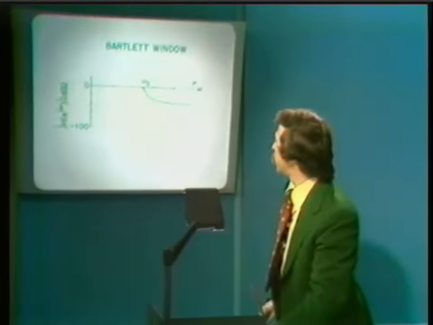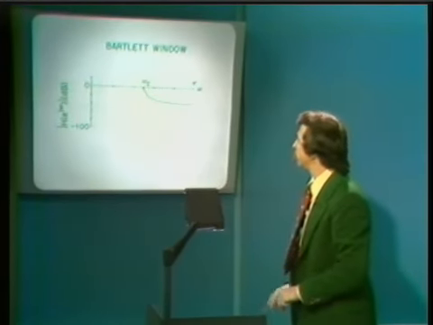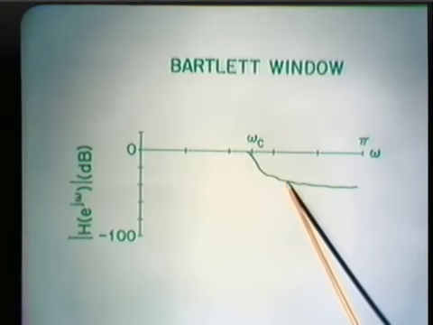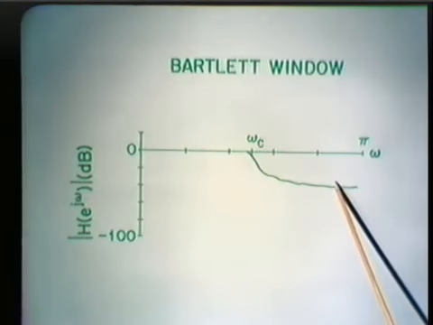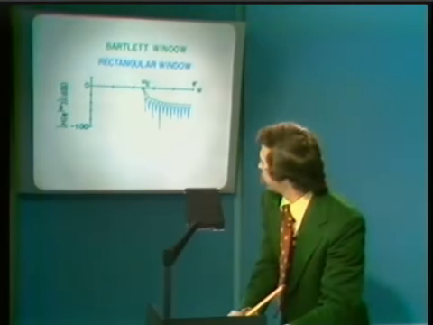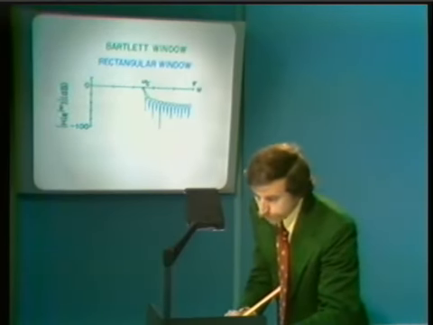Here we have the frequency response of the Bartlett window, and you can see generally that the ripples aren't as severe in the stop band as they were in the case of the rectangular window. And in fact, we can compare these simply by referring back to the rectangular window frequency response that we had previously.